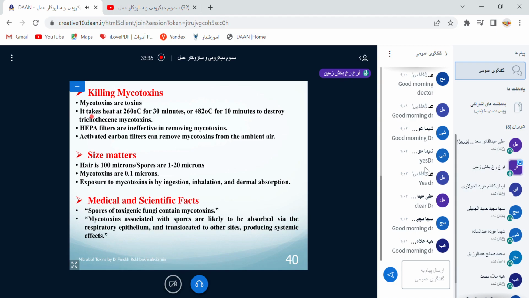For example, some mycotoxins withstand heat at 260 degrees centigrade for 30 minutes, or 482 degrees centigrade for 10 minutes, to destroy trichothecene mycotoxin.